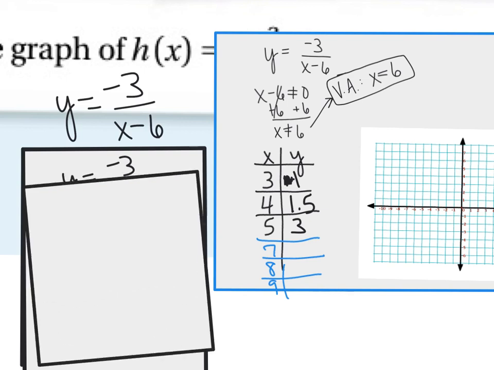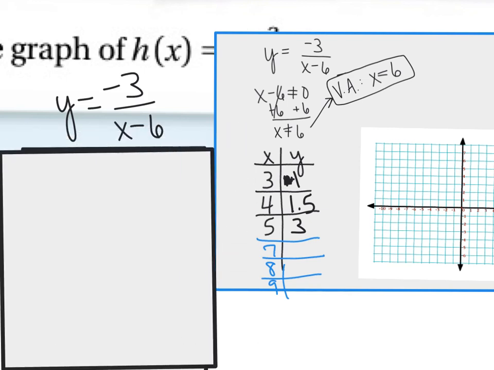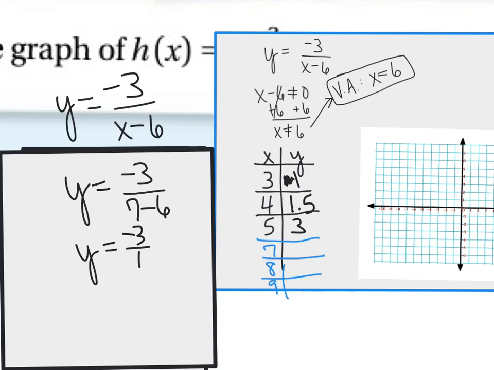And then if we get into the other side, if we do a 7, basically what's happening now is we have a bigger x value than what we're subtracting, which is making our denominator positive. So we'll have a negative divided by a positive, which will end up being a negative. So that would be negative 3.